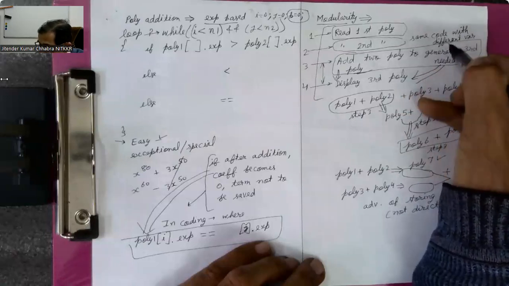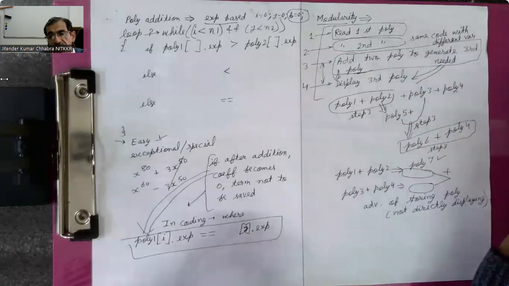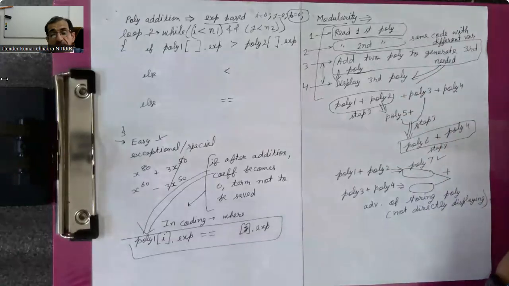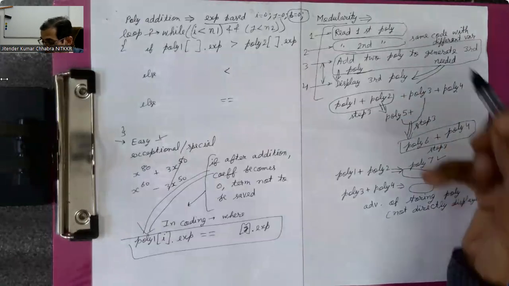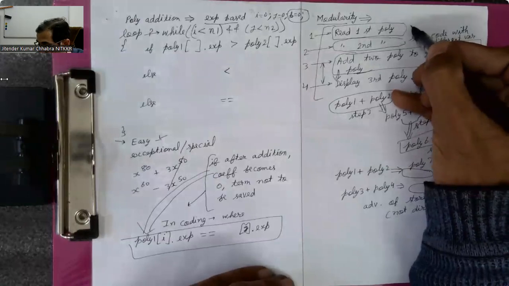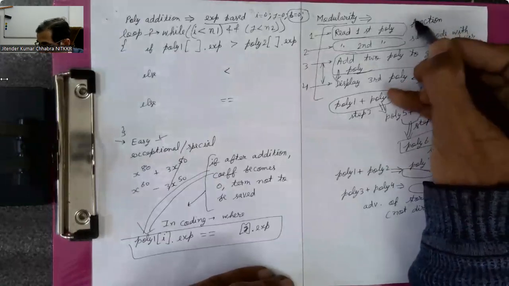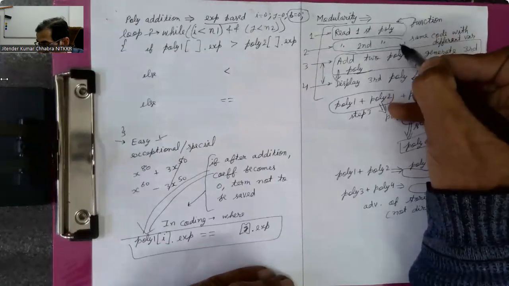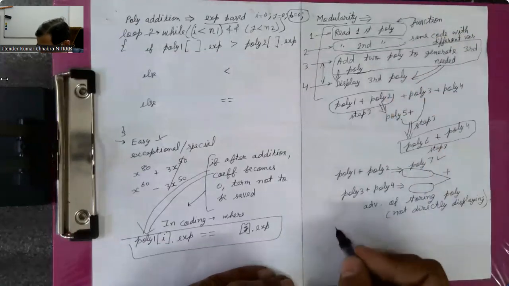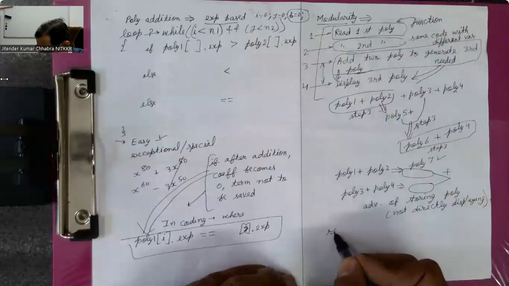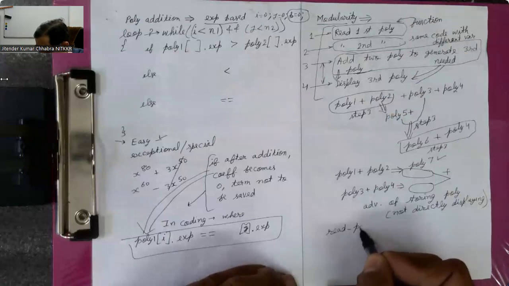If the same code with different variables is needed, it is obviously much easier to write one function and achieve the same work. So now I can easily see this can be one function, and the same function can be used to read another polynomial. So I can say read poly can ideally be one function, one module.